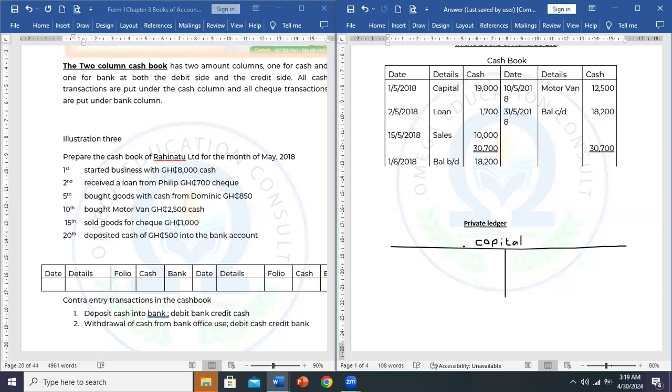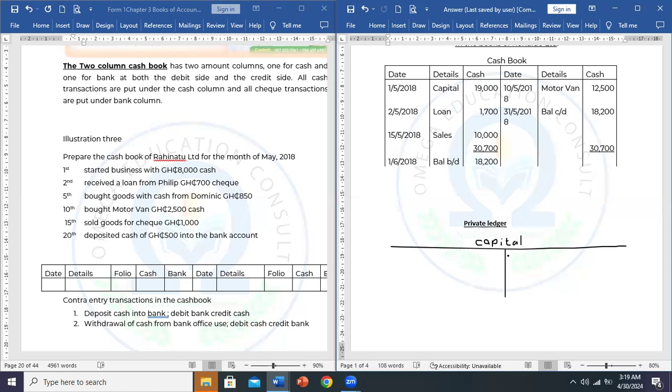Credit or debit? We are going to credit because in the cash book, you have debited your cash book. So it is the normal thing we do: when the owners start a business, you debit the asset they brought and you credit capital. It's the same thing here, just that this time we are using our books of account to do the proper recording. So if you have debited your cash, you credit your capital in the private ledger, as simple as that.